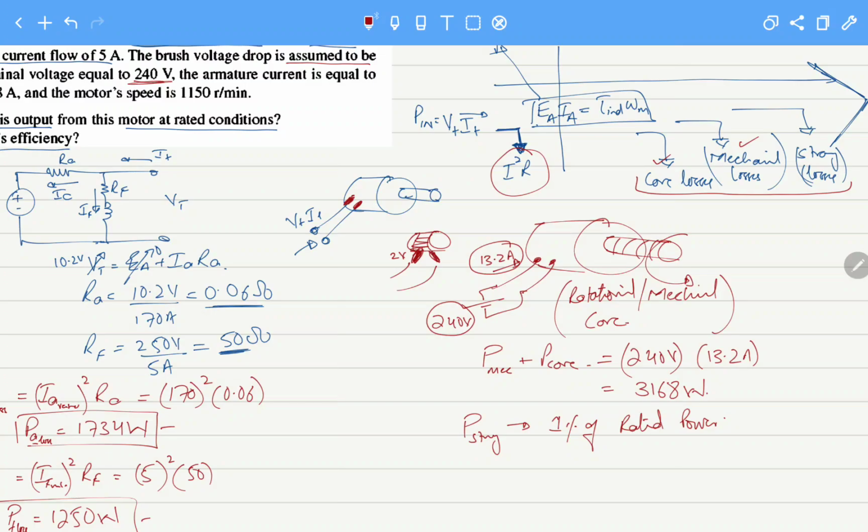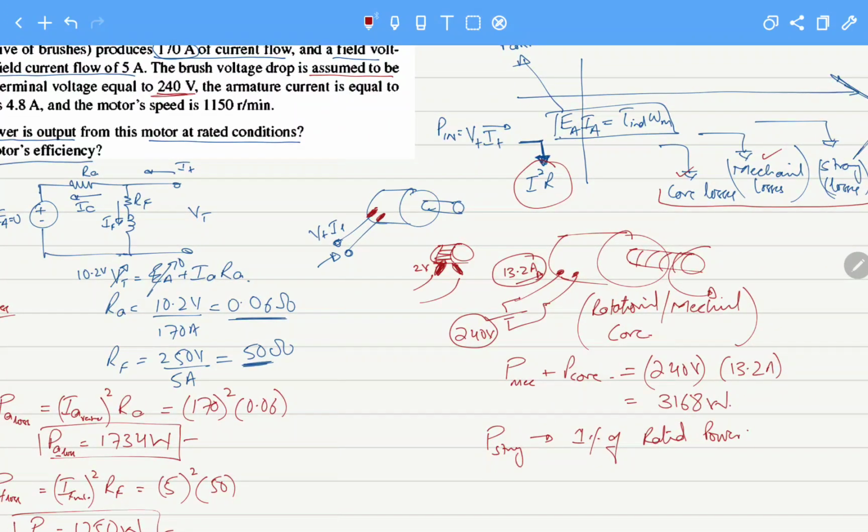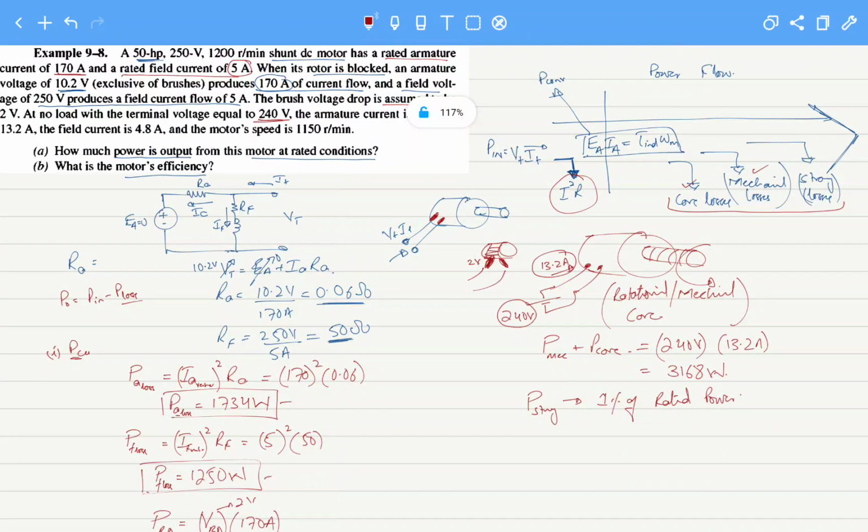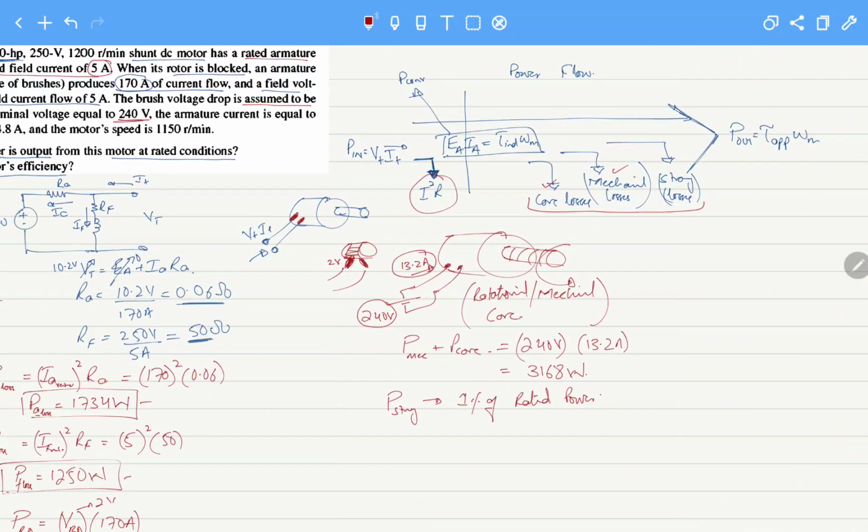So what is the rated power of the machine? For rated power, we can see the rated armature and rated field current. The rated power of the machine is the total voltage that we apply to the machine, that is 250 volts, times the total rated current, that is the armature current of 170 amperes plus the field current of 5 amperes.